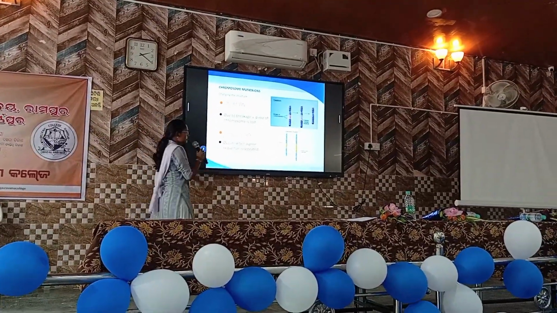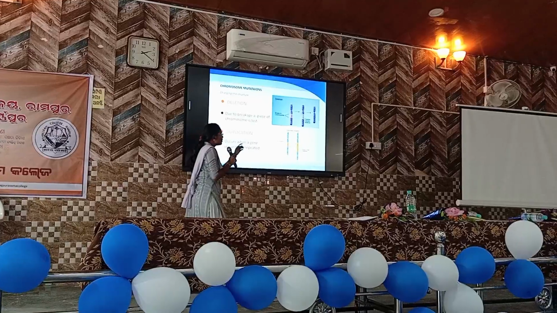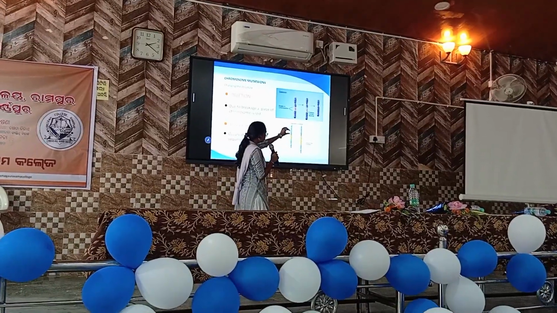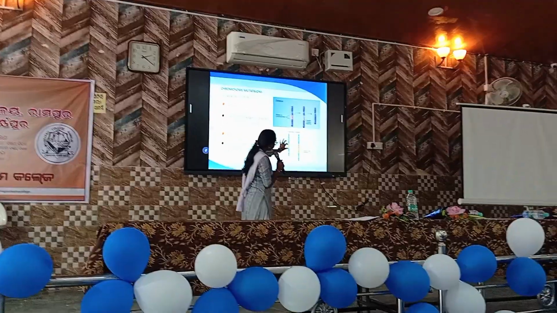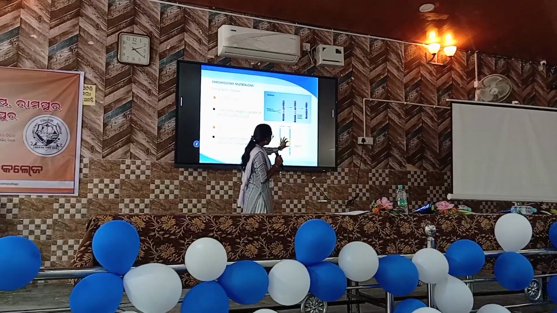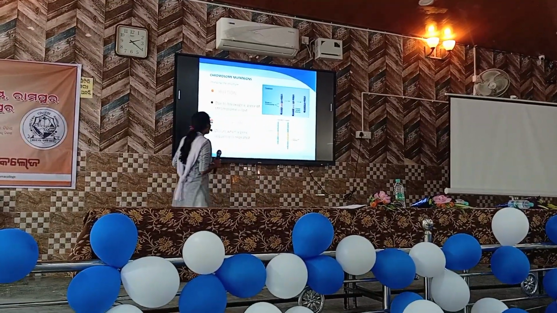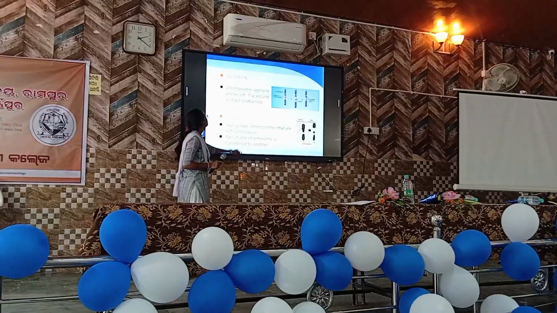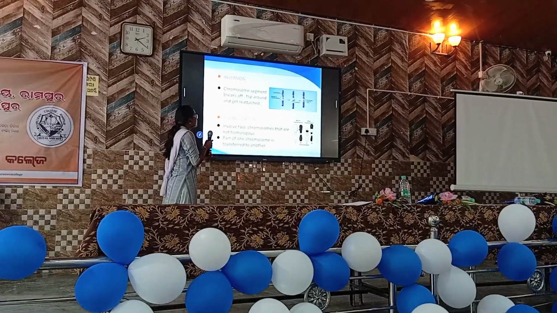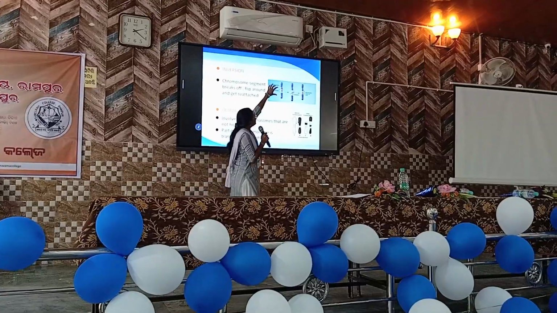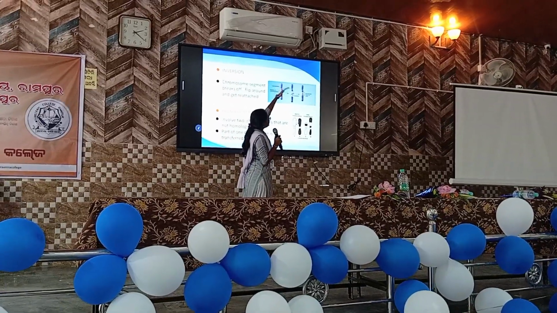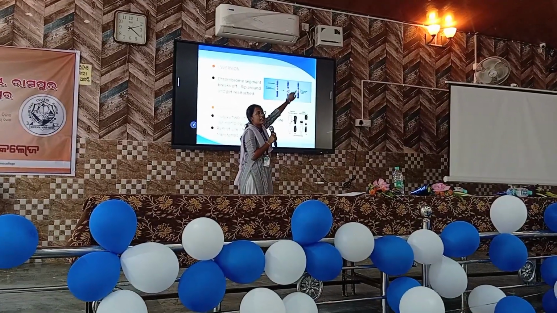The next one is duplication. It occurs when a gene sequence gets duplicated. So this sequence is getting duplicated. This is duplication. Then the next one is inversion. Here the gene sequence gets cut, flipped, and reattached.